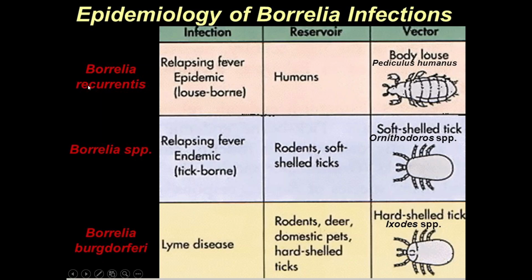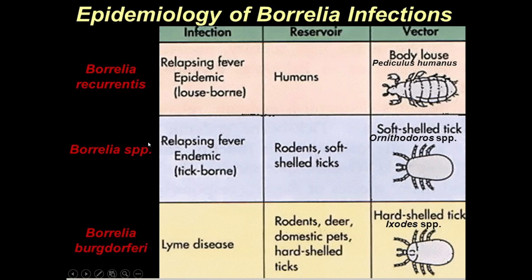different vectors. For example, Borrelia recurrentis causes epidemic relapsing fever or louse-borne relapsing fever, reservoir human, and vector body louse, Pediculus humanus.